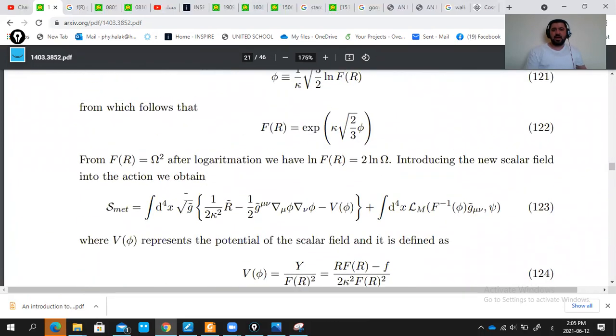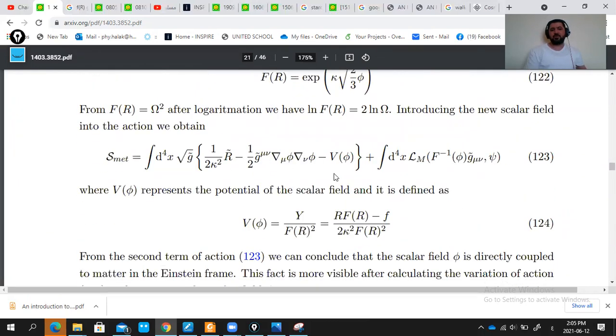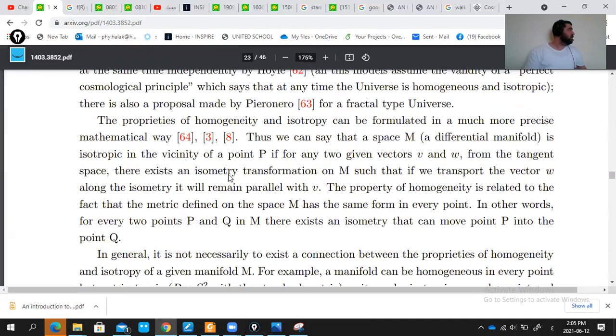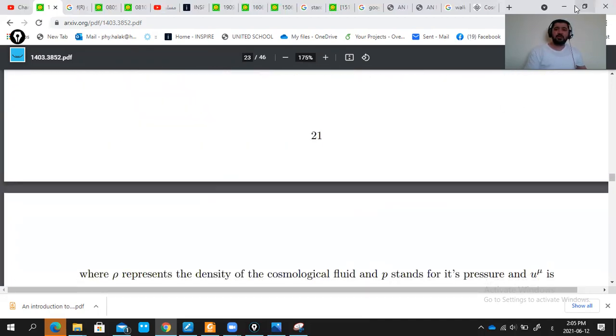Anyway, we have this equation here. If we take the variation with respect to g mu nu, we can find the modified Einstein equations. Then taking the 0,0 components and the ij components, we can recover the modified Einstein equations and substitute.